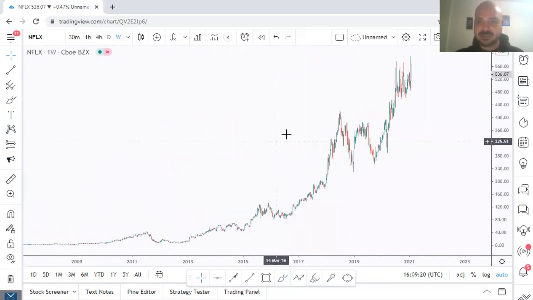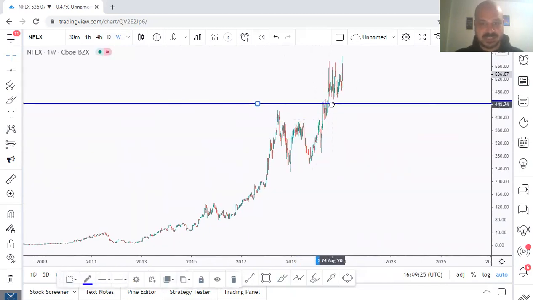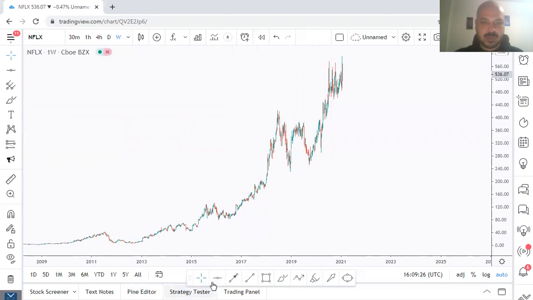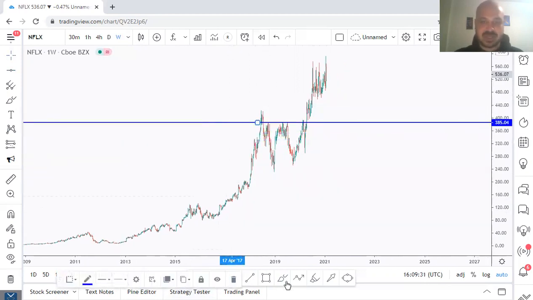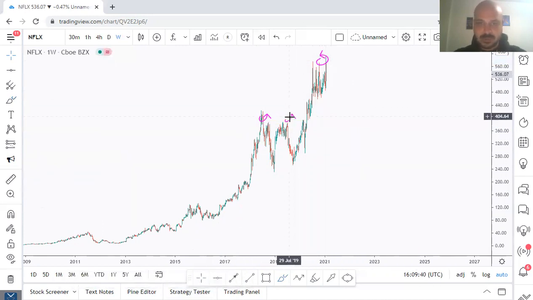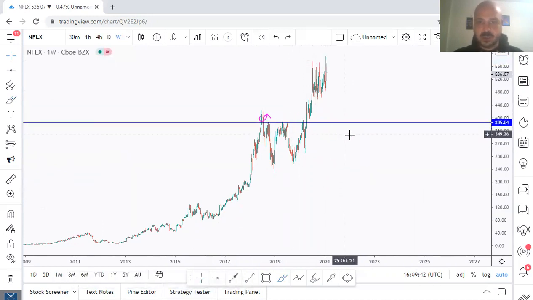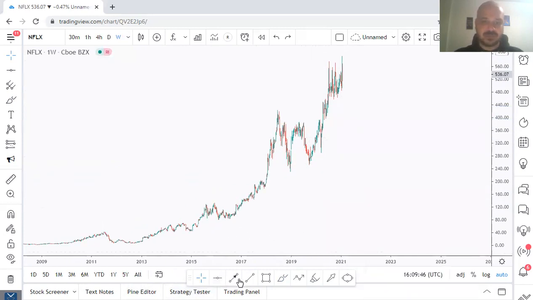Now let's zoom out and try to identify our key support and resistance levels. As you can see, we can't really find any support or resistance as price keeps on making new all-time highs, right? Let me delete the previous ones. In this case, we don't have a typical support and resistance.